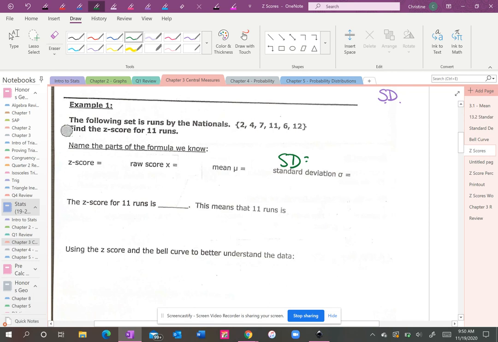First, the average we need to get in a calculator. I'm going to add together 2 plus 4 plus 7 plus 11 plus 6 plus 12, and then divide it by 6. So the average number of runs scored is 7.